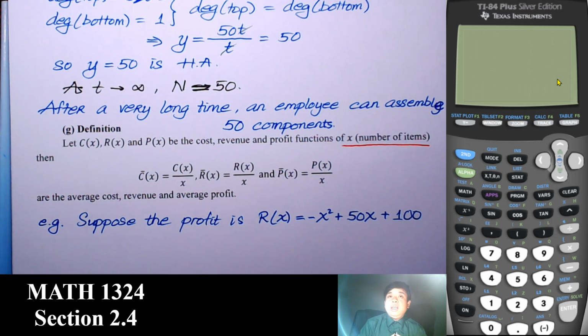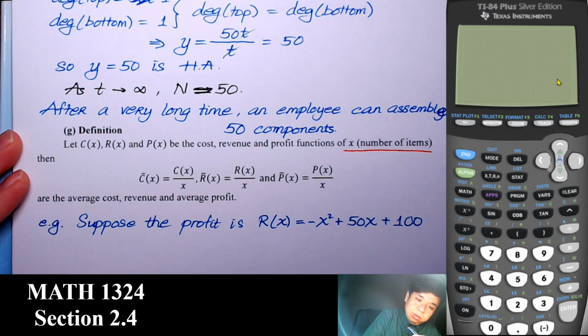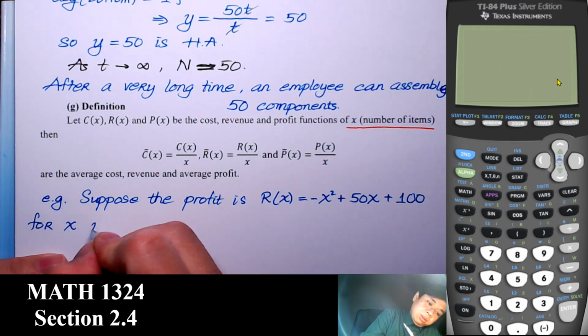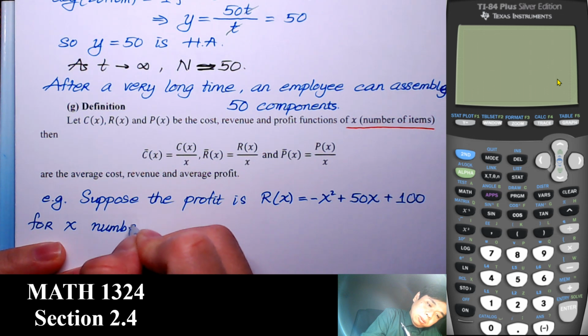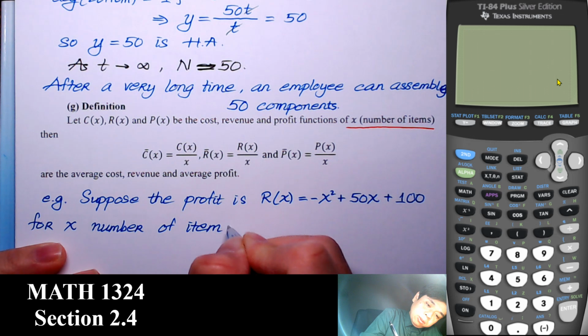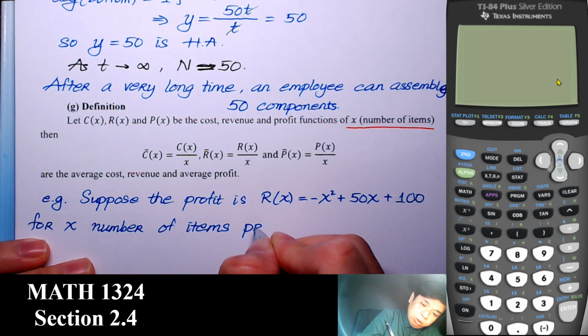Right. So let's say that is a function for x number of items produced and sold.